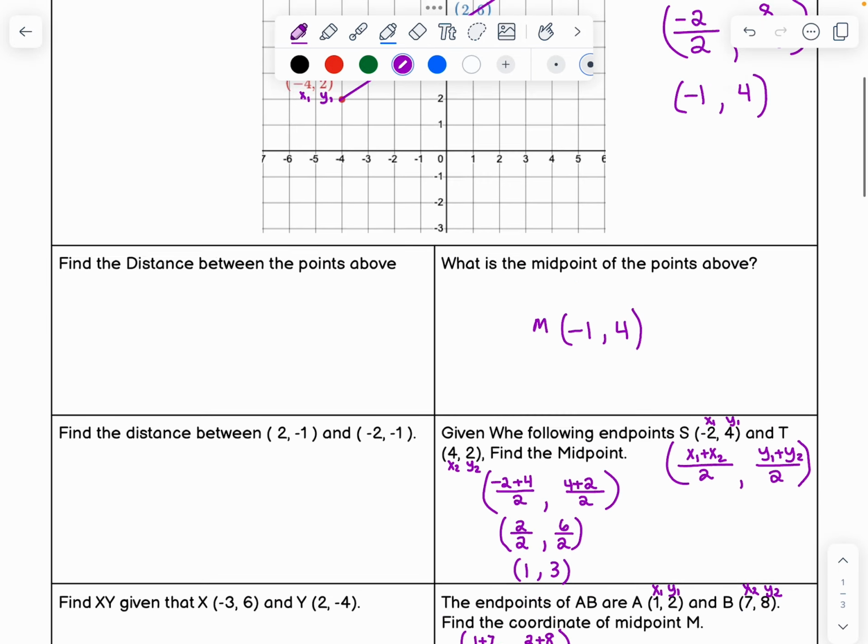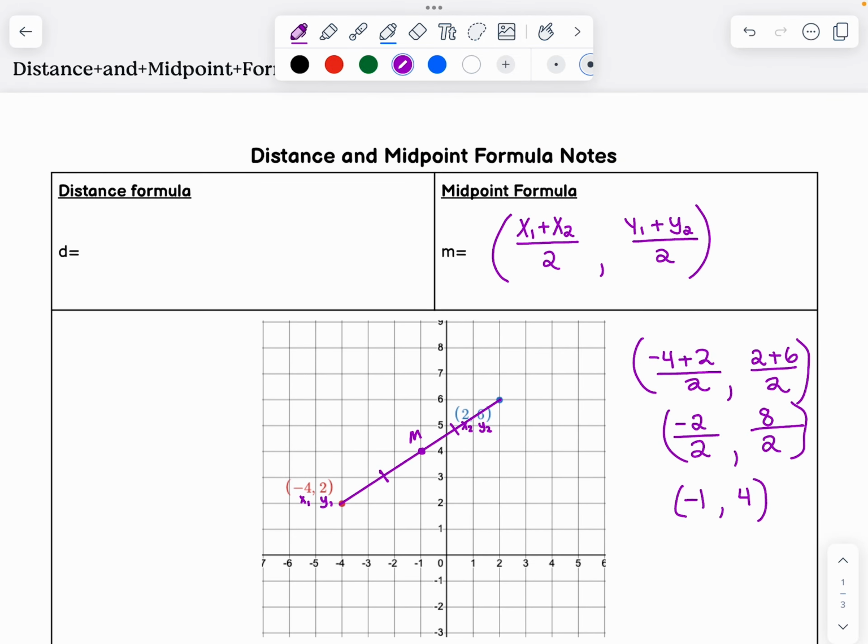Let's go back and figure out the distance formula. How do we use the distance formula? The distance formula is very different.